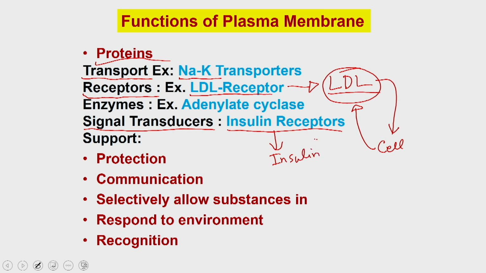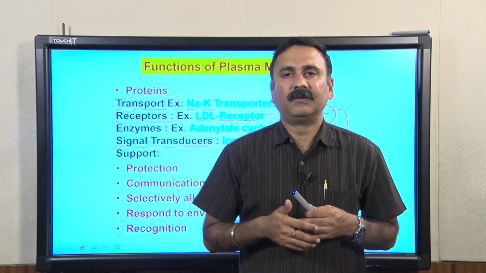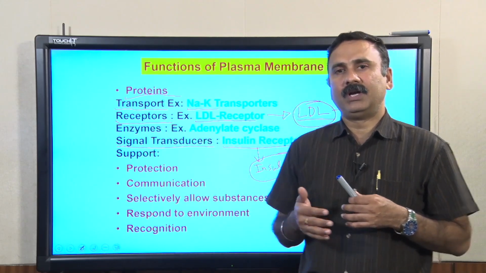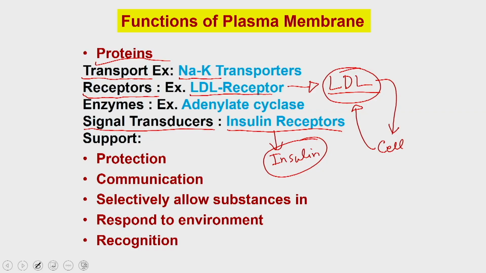When insulin is present outside, it binds to the insulin receptor, and that drives a series of phosphorylation cascades, which changes the gene expression profile from the nucleus, and that in turn changes the cellular metabolism of carbohydrates as well as lipids. Apart from these 2 classes, you also have different types of membrane bound enzymes.